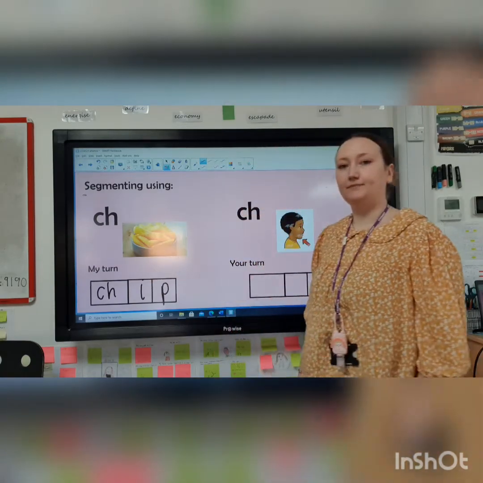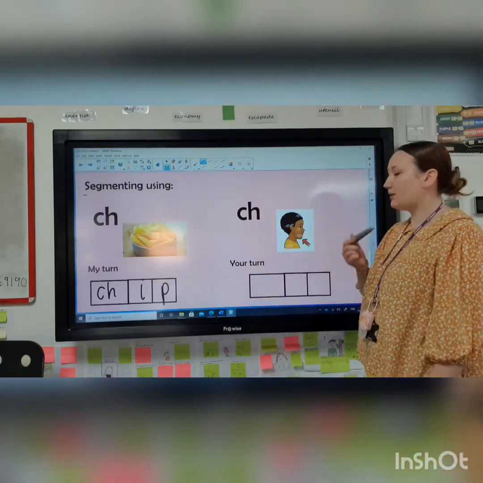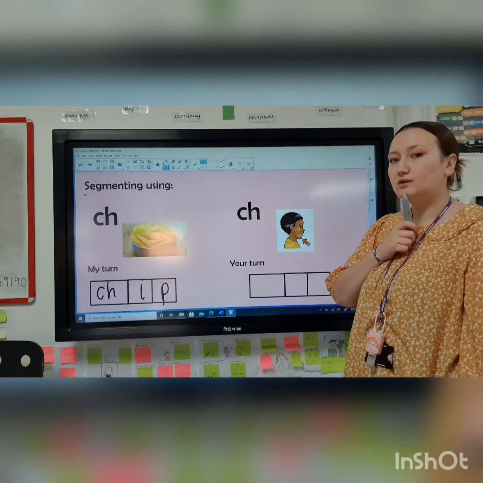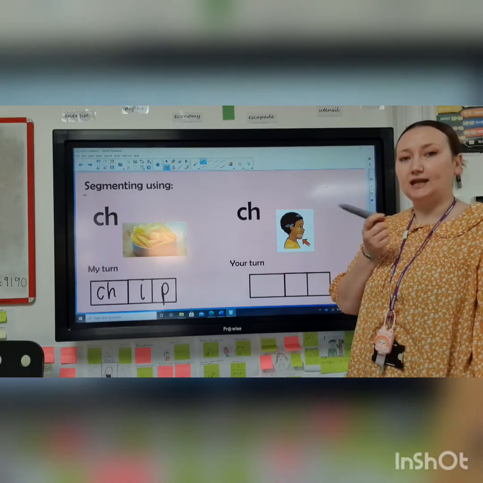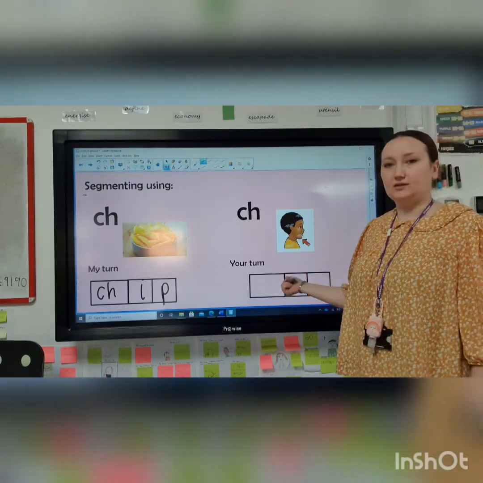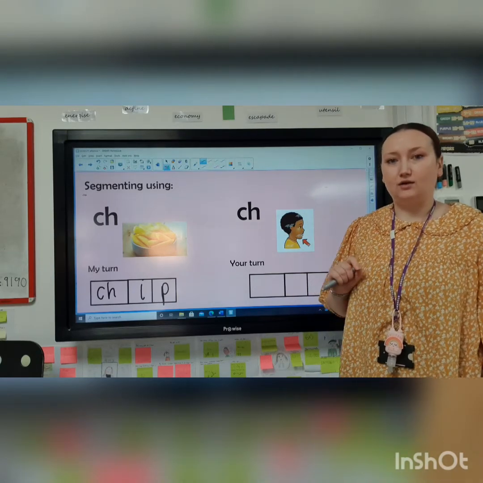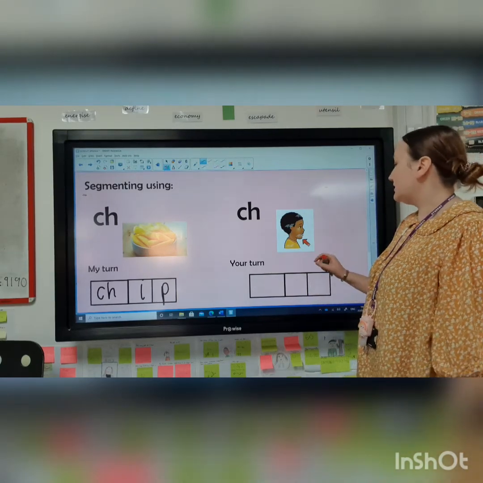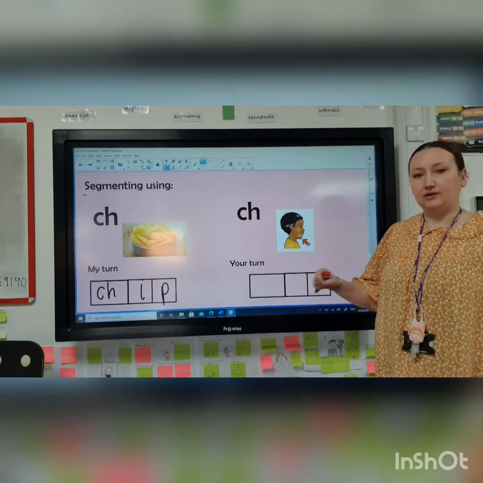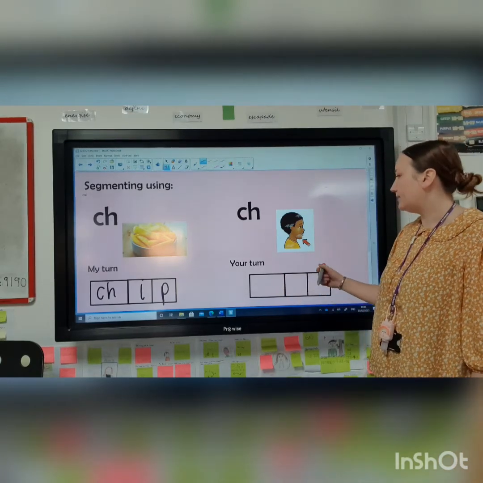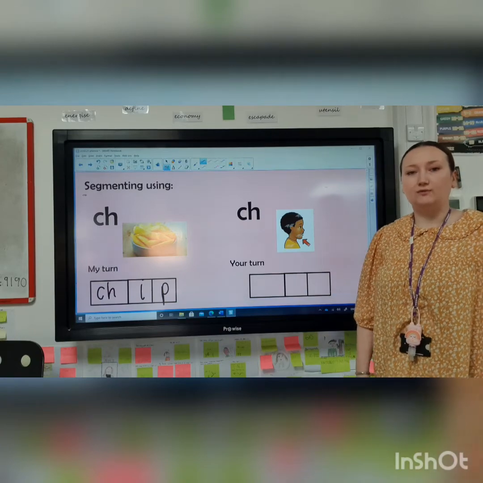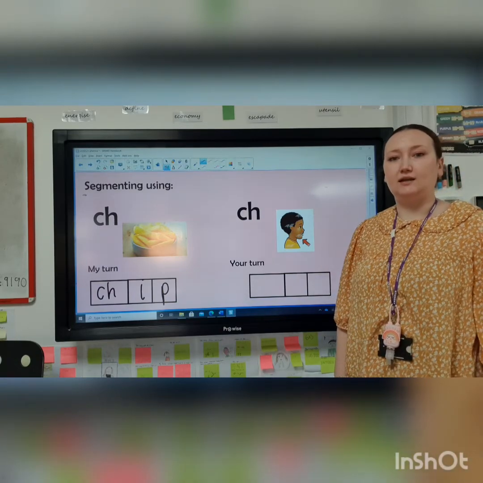Okay, chip. Okay, so this part of the body is called a chin. Okay, so I would like you to segment the word chin, and I would like you to write it on a piece of paper if you can. So while I'm segmenting it on here, I would like you to write it down on a piece of paper. Okay, so which phoneme first do we need for chin? Let's stretch it out.